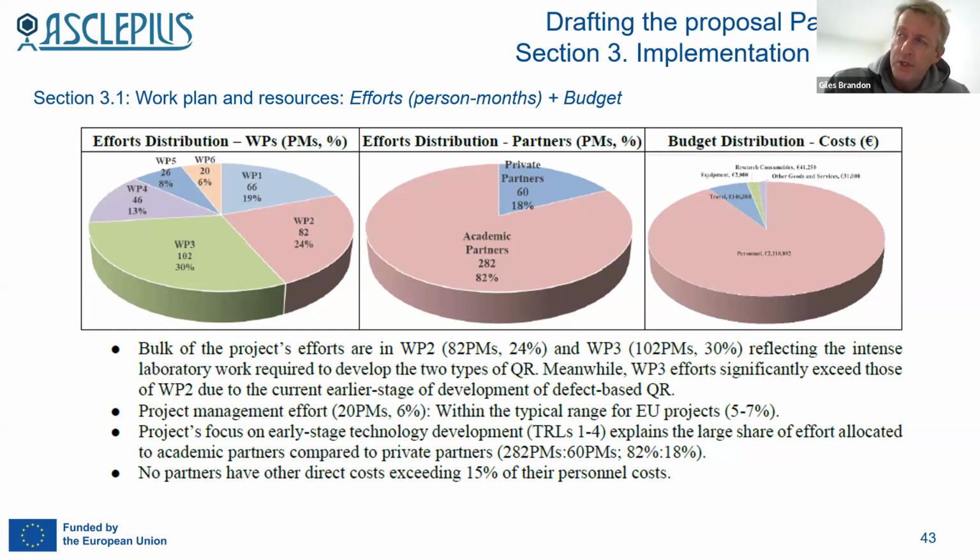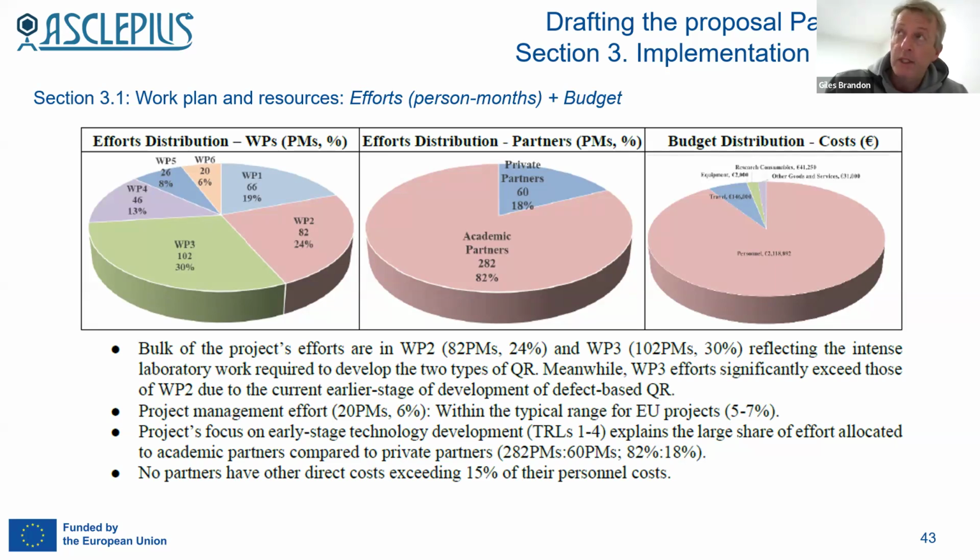If you're doing a research and innovation action, in other words with relatively low technology readiness levels, it's usually acceptable and understood, unless it's written explicitly in the call text, that most of the effort will be done by academic partners, because this is very much in the research domain.